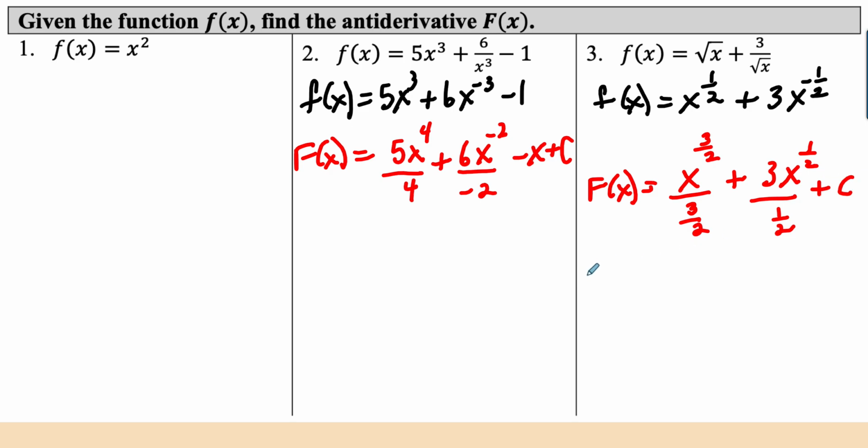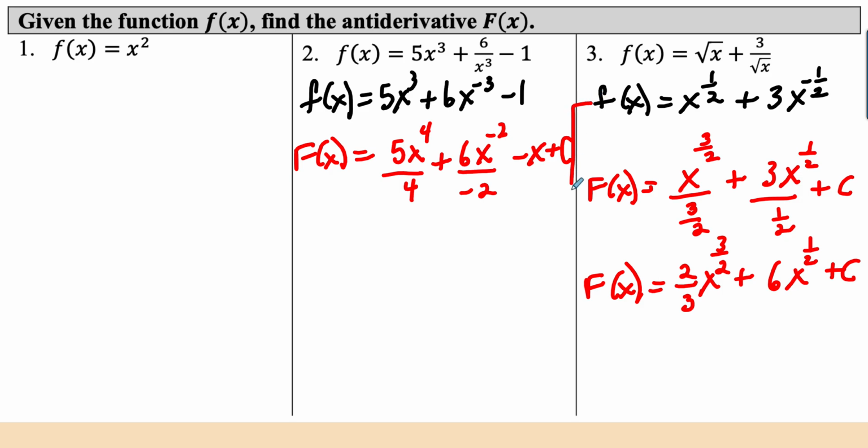Now, if you can get comfortable, maybe you can go to this step right away. When you divide by a fraction, remember, it's like multiplying by the reciprocal: x to the 3 halves plus 6x to the 1/2 plus c. So some are able to go from here to here. Some need that middle step.